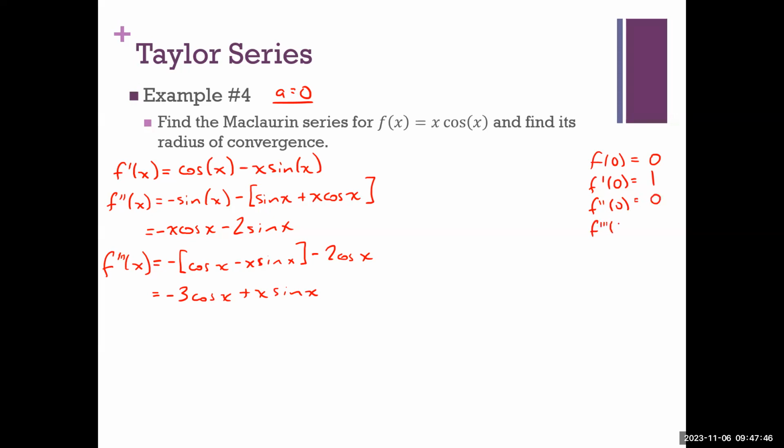What's f triple prime? Negative 3. Do we have any intuition for the next one? What's that?